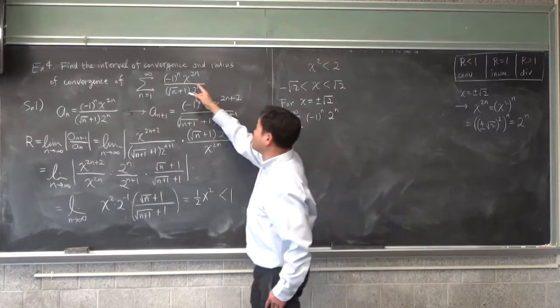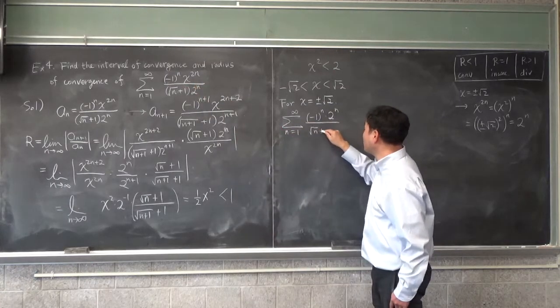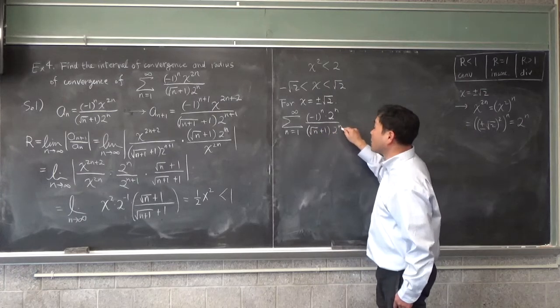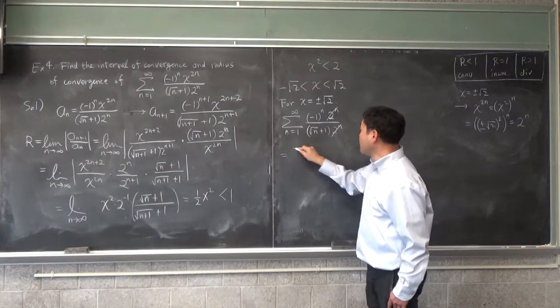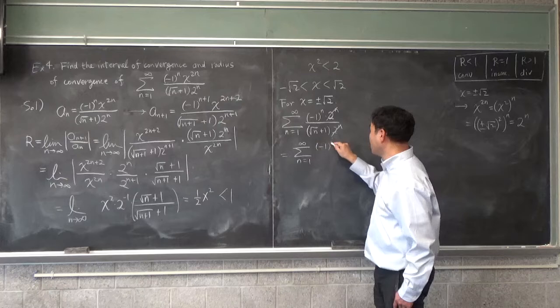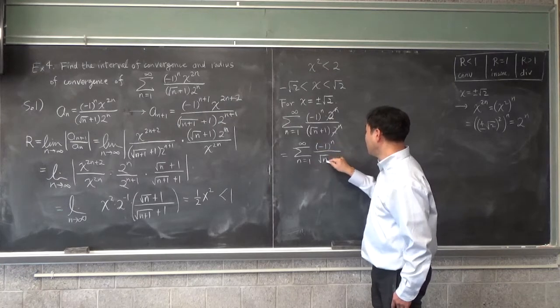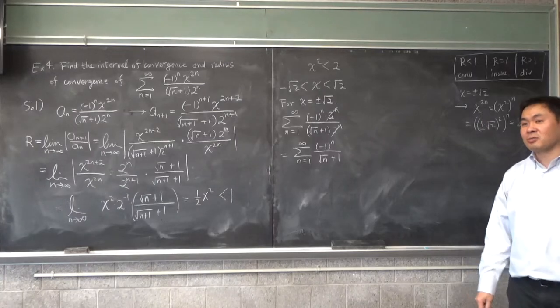We just figured out that x to the 2n would be 2 to the nth power, over square root of n plus 1 times 2 to the nth power. So these cancel, and you have the summation of n equals 1 through infinity of negative 1 to the nth power of this thing. Now, does this converge or diverge?